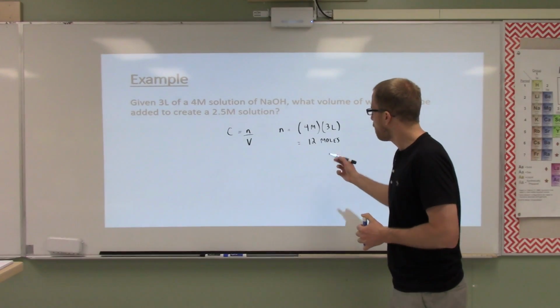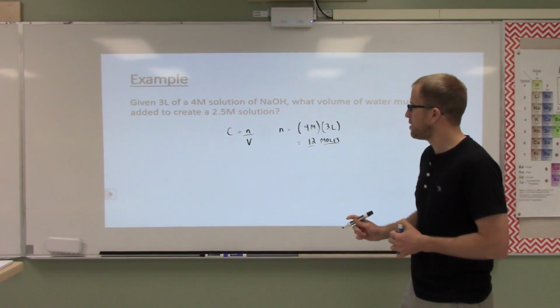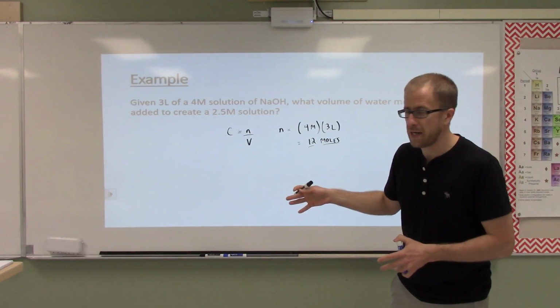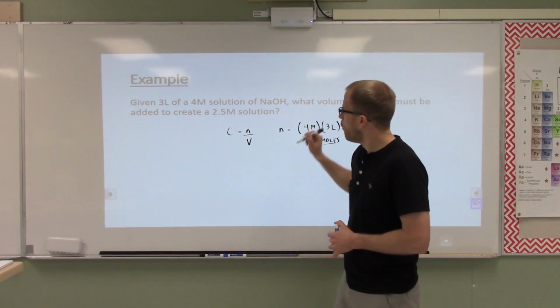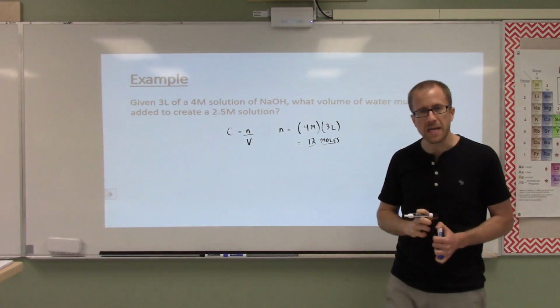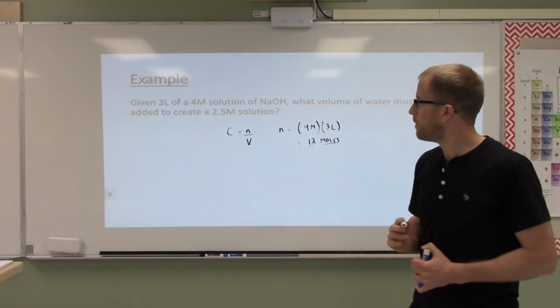So, if we know that this is the moles before and after, it's the same value. We know our final concentration, so we can solve for V to get our answer.